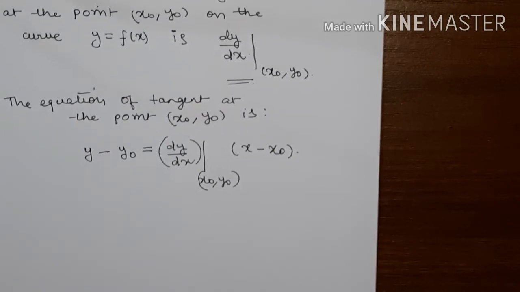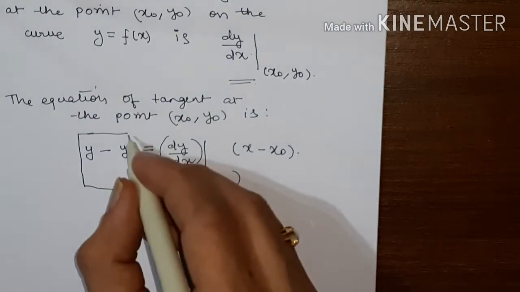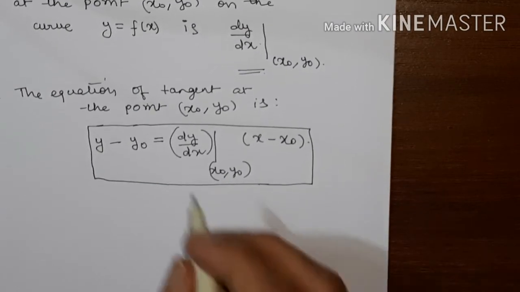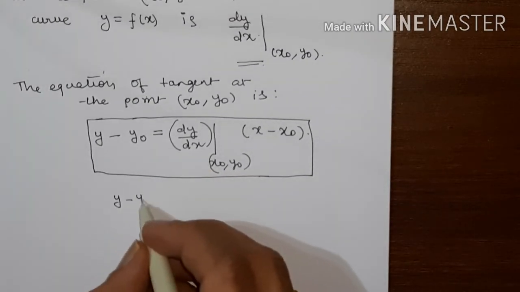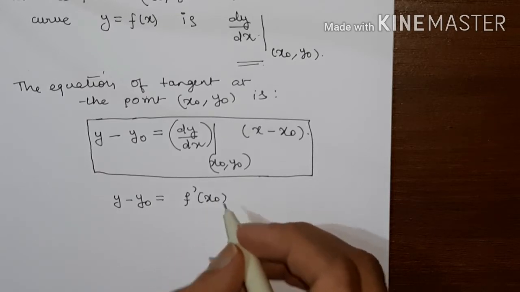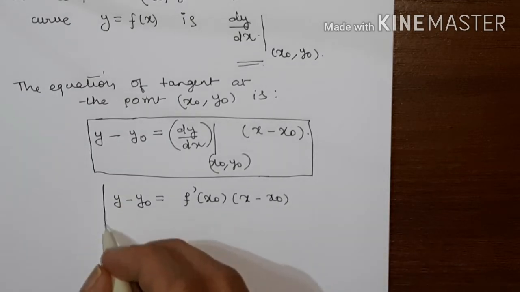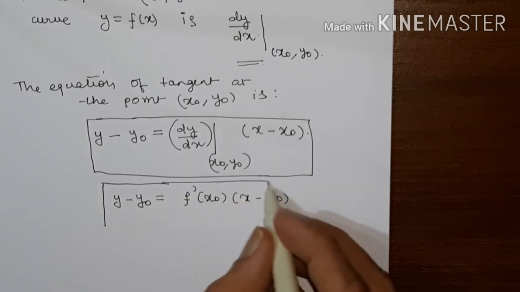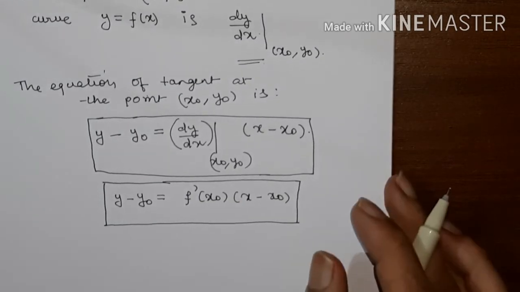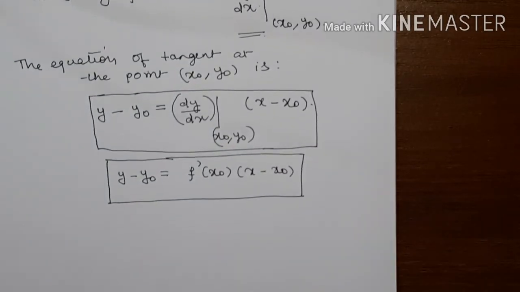This is the equation of the tangent. Sometimes this is also written as y minus y naught equal to f prime at x naught, multiplied by x minus x naught. So you can use either of these two formulae.